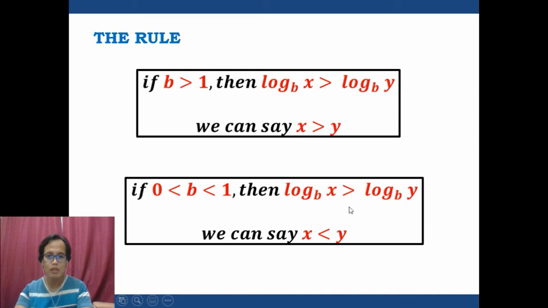As you have noticed, the symbol is changed. Still, x and y have restrictions, so x and y must always be greater than 0. Take note of these rules because we will need to follow them in our examples later.